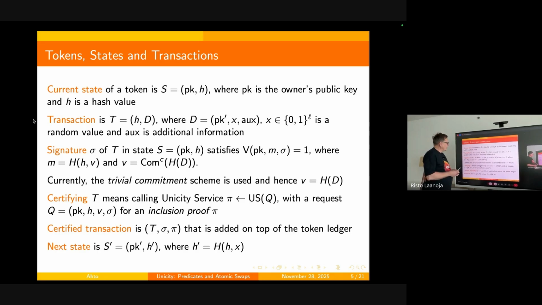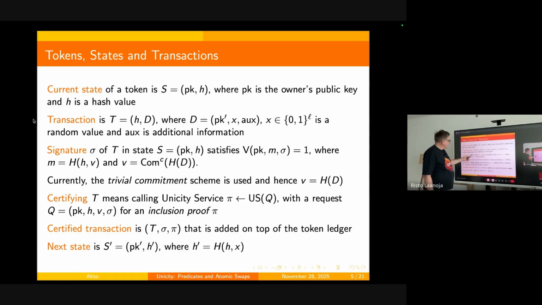It's called auxiliary information. We have to sign the transactions if we want anything to happen in the system, and the signature of the transaction should satisfy the verification identity, of course.